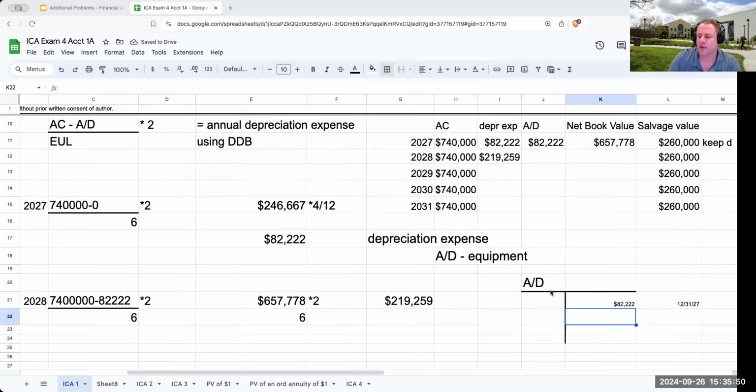When I came over here, the ending balance as of one year becomes the beginning balance of the next year, because this is a contra asset account. It is not closed out to retained earnings. So over here, this becomes my beginning balance as of 1/1/28. This is the amount I took in terms of depreciation expense. So my ending balance in accumulated depreciation is going to basically be over here at 301,481.